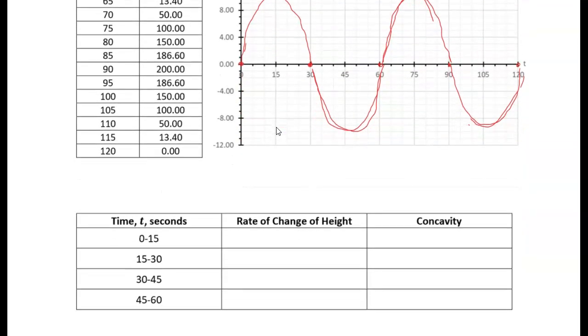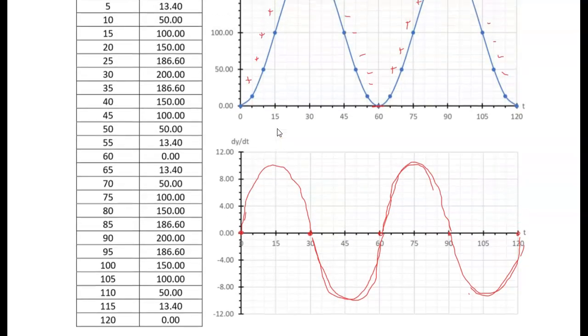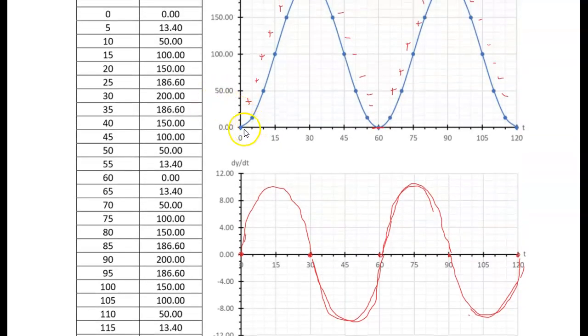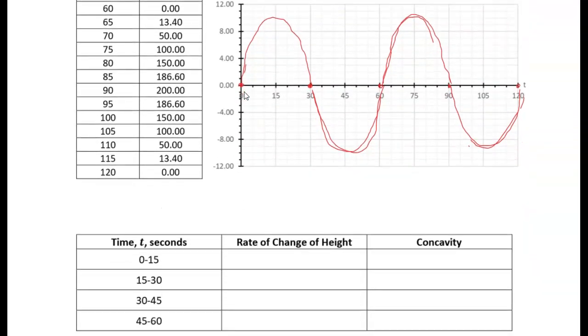So if we look at the rate of change of the height and the concavity, let's look at between 0 and 15 seconds. You can see that it's increasing, and you can see that the slope is becoming more positive. Down here we're practically at 0, up here we're more steep. So between 0 and 15 seconds, the function is increasing, and it's concave up.